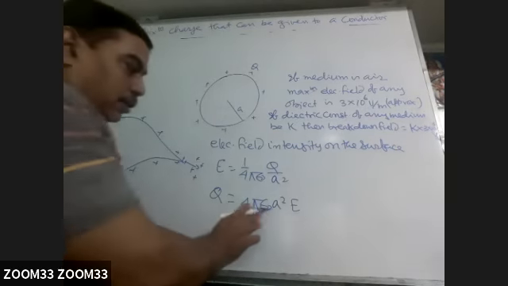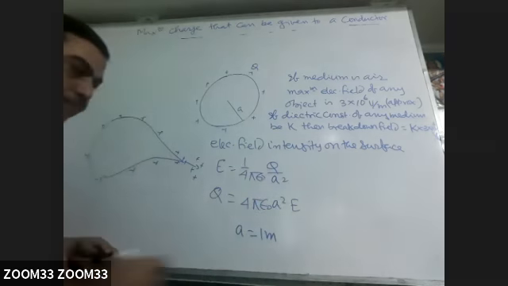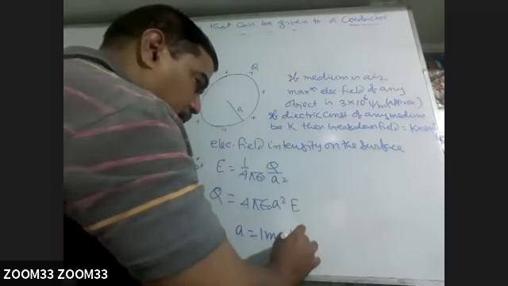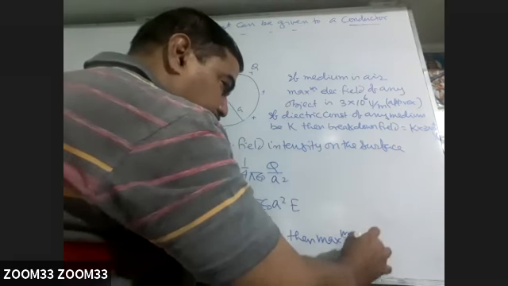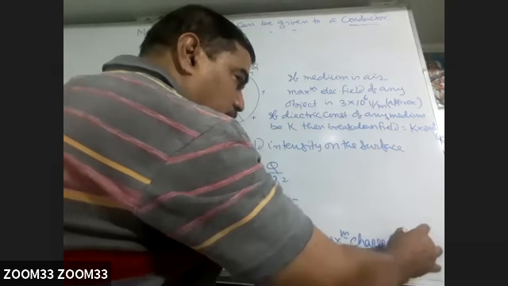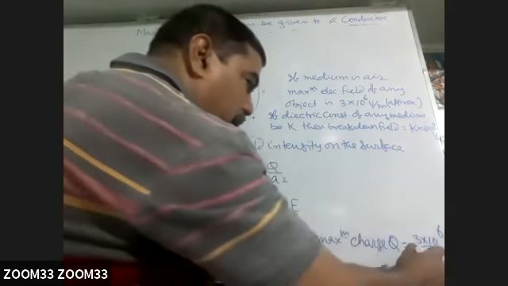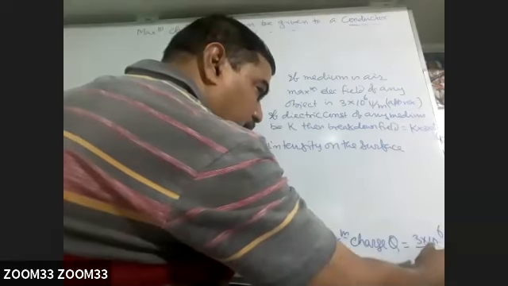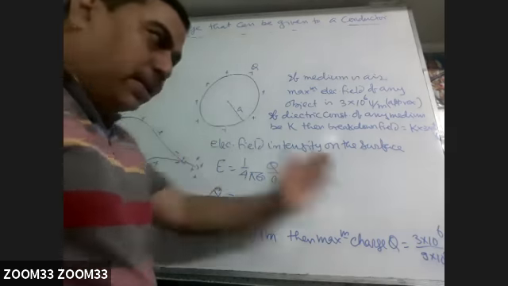So suppose this A is 1 meter, how much charge can we give? The maximum charge will be 3 into 10 to the power 6 over 9 into 10 to the power 9. In air, if it is air, then this is the situation.